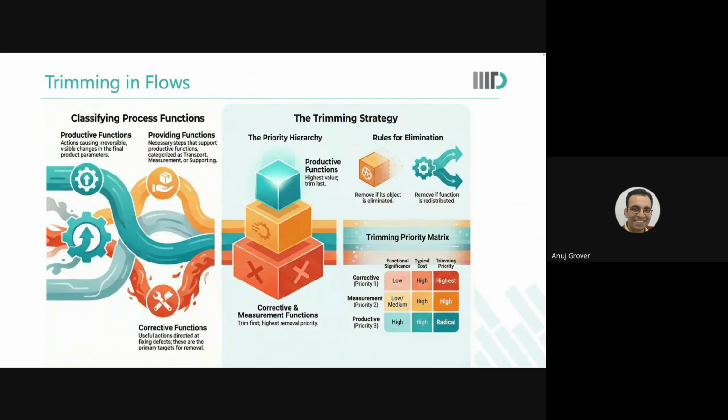Then we enter into the part of trimming of flows. And in trimming, the first thing we said was we would want to trim the corrective functions. Second, because many times you will realize that measurement involves comparisons, measurement is the next function you would want to trim.